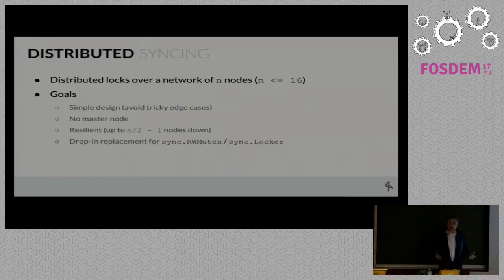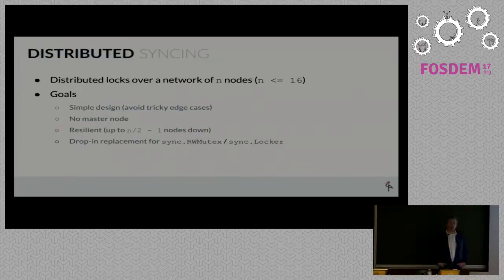So in our system, there's no concept of a master node, so all the nodes are basically equal. It's also resilient in the sense that if multiple servers go down, the system just continues to function. So basically, up to a total of n/2 minus 1 servers can be down, and you can continue to function.